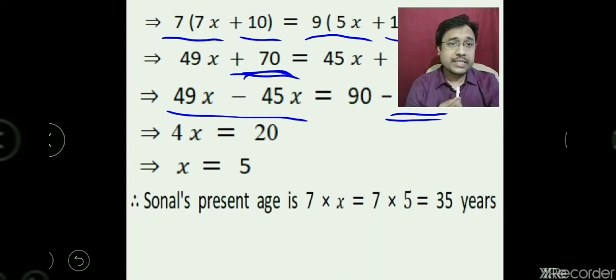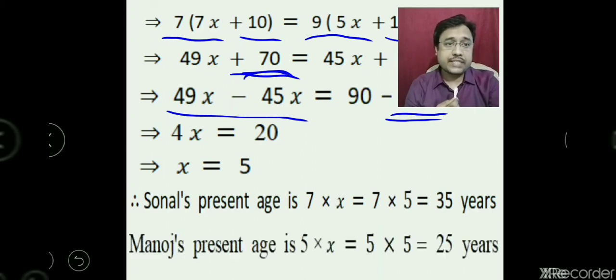So Sonal's present age is 7x, means 7 into 5, 35 years, and Manoj's present age is 5 into x, means 5 into 5, that is 25 years.